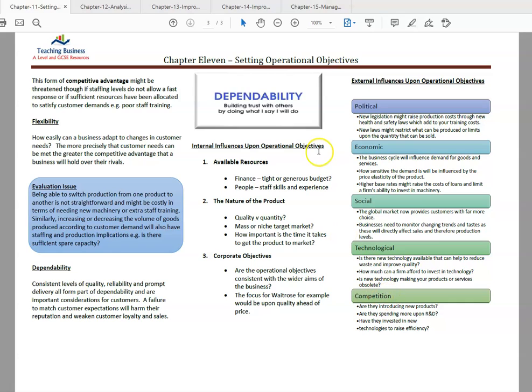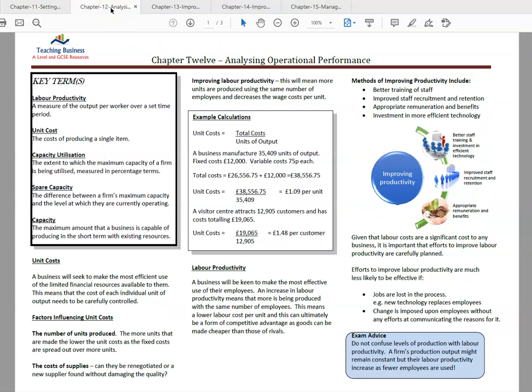So to create operational objectives, what you need to do is make some calculations. I'm not going to go over this booklet, but to remind you that you know already, but you should learn and be very familiar with these calculations.